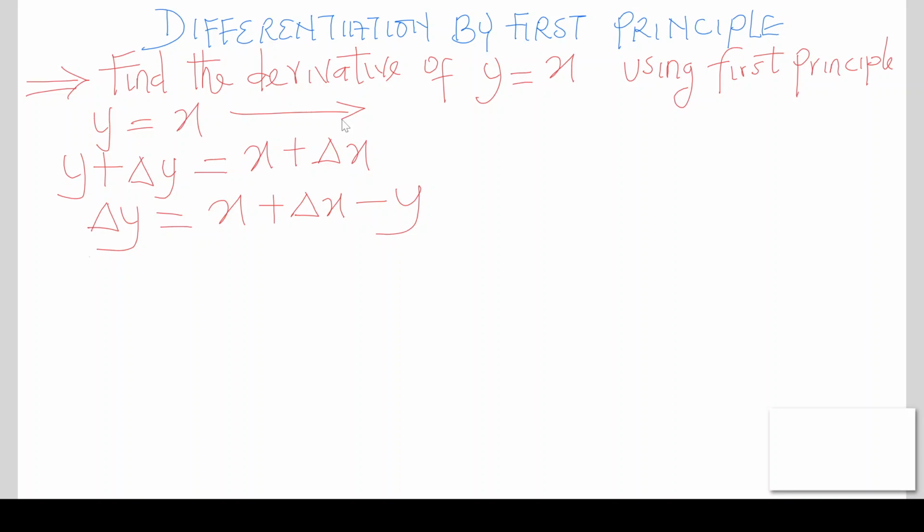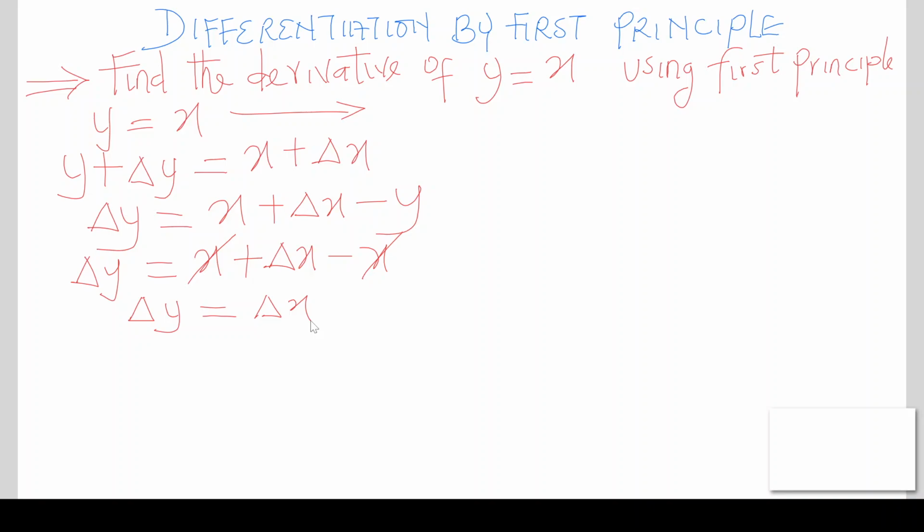So we have delta y equals x plus delta x minus, so instead of me writing y, I put the value of y, which is equal to x from the question, minus x. And from here, we know that x minus x gives us 0. So we can say delta y equals delta x.